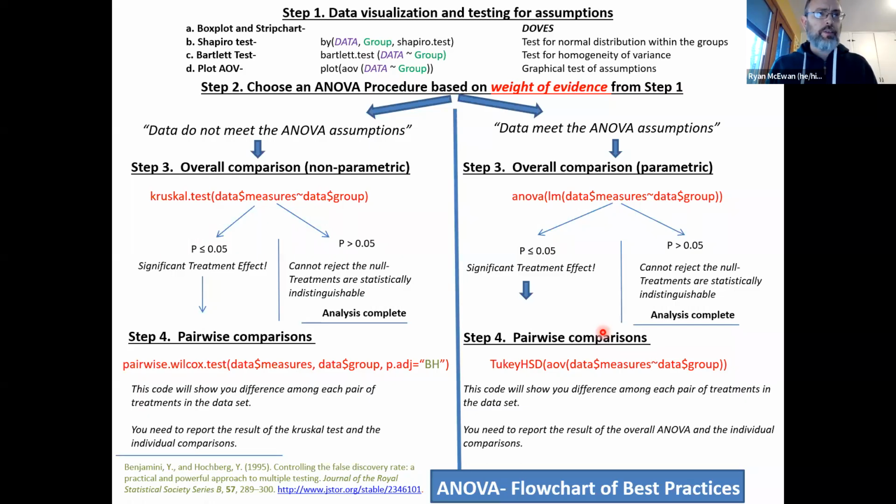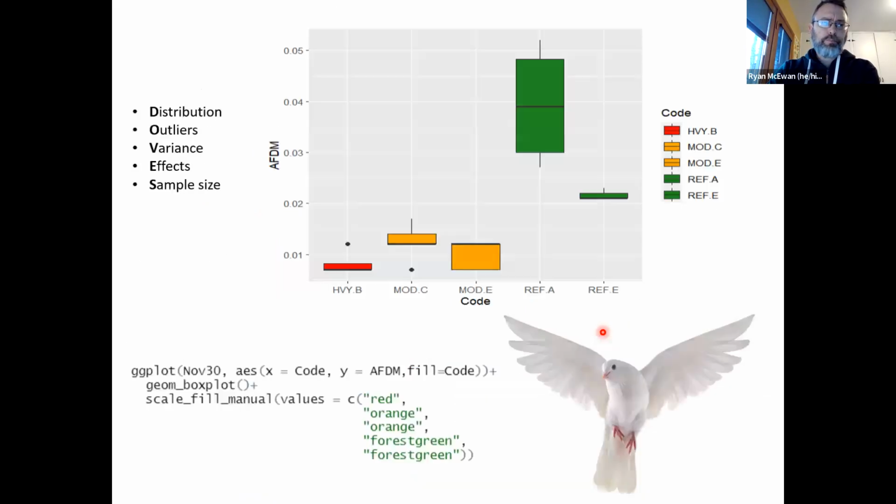I'm not saying it's the ultimate approach, the greatest. I'm saying it is an approach that is, I think, durable and literally publishable. It works. So this is a flow chart of best practices for the class.